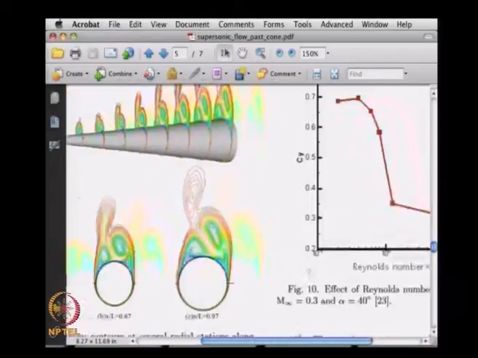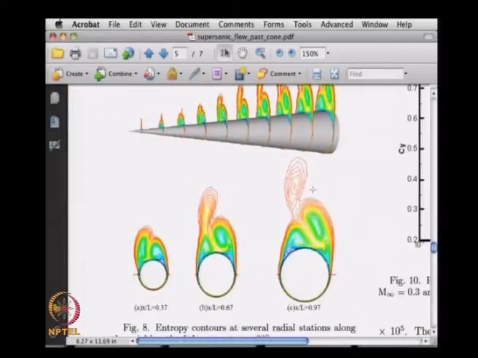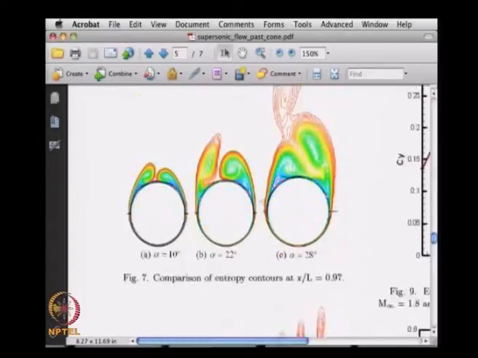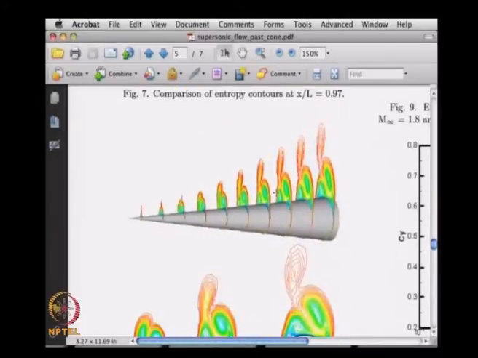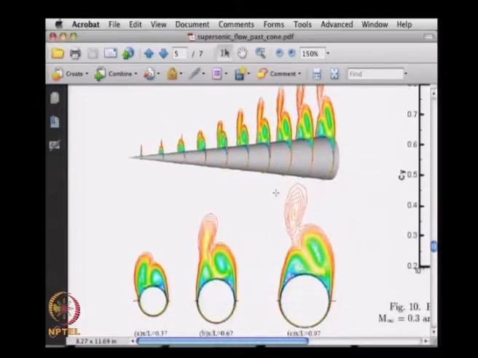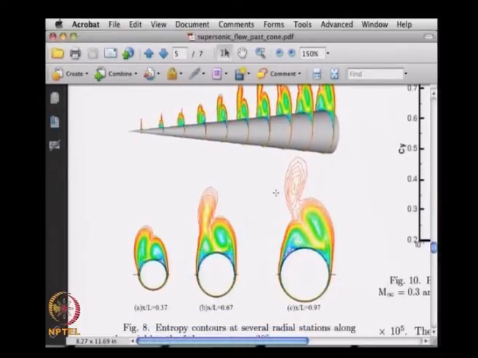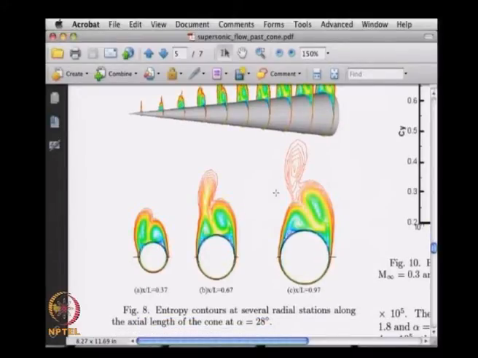this is also another nice one. What we saw just now was at the same location with a changing angle of attack, and here we keep the angle of attack the same at 28 degrees. So it is very highly skewed, so to speak, with the free stream.